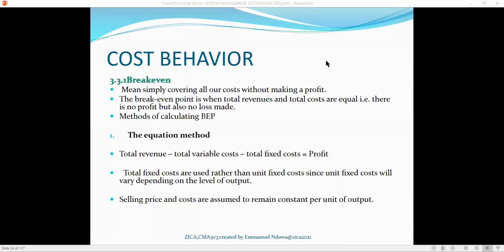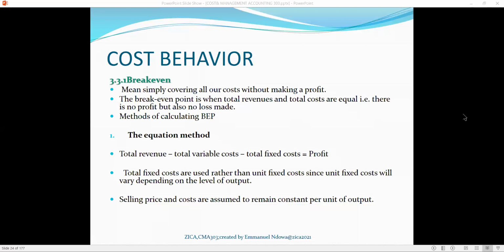Okay. Having comprehended the cost volume profit analysis, we then need to see how we can calculate the break-even point. When we are saying break-even point, we are referring to the covering of all costs without making a profit.